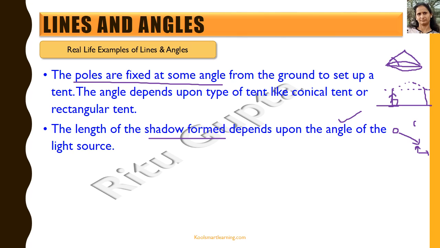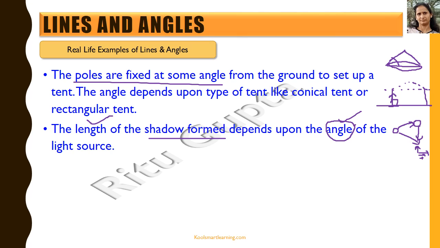Now if the sun moves overhead, as it moves from this angle to getting overhead, the shadow becomes smaller and smaller. So the length of that shadow will depend upon the angle of the light source.